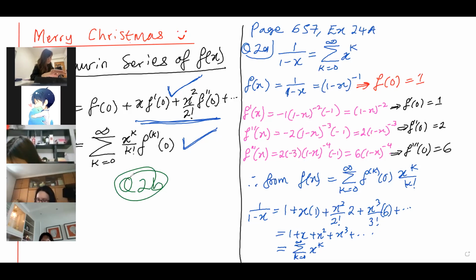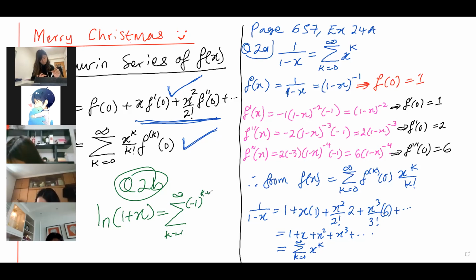You are to derive the Maclaurin series expansion of the natural log of 1 plus x, and it's supposed to give you the summation from k equals 1 to infinity, where the numerator is minus 1 to power k plus 1, everything over k, then multiply by x raised to power k.